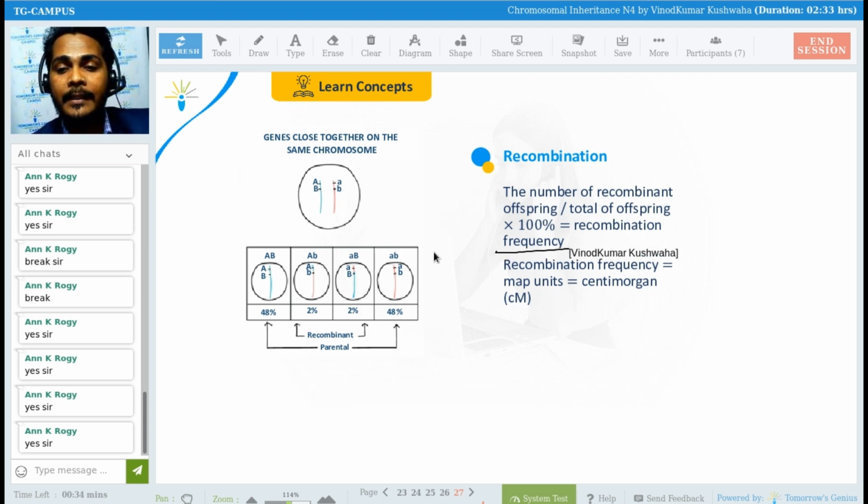How to calculate the recombination frequency? I can write it here for you, this will help you.